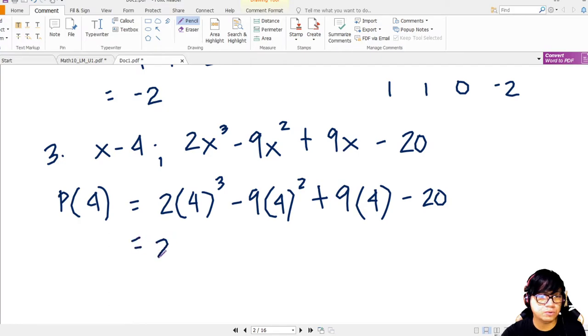What is 4 squared? 4 times 4 is 16, times 4 again, so 4 cubed is 64.